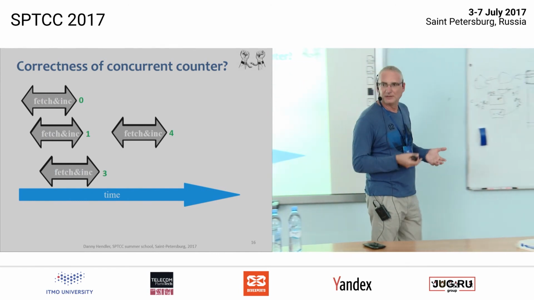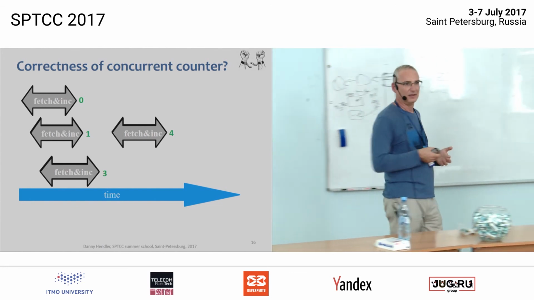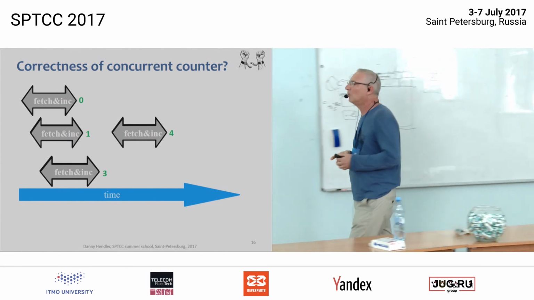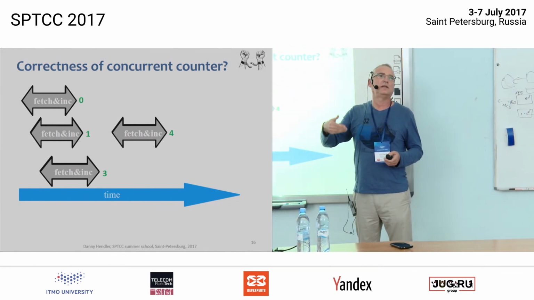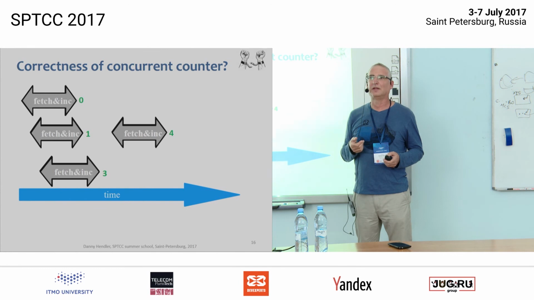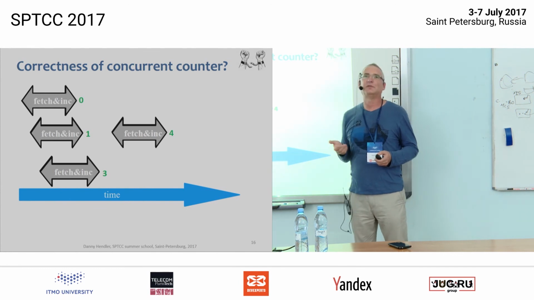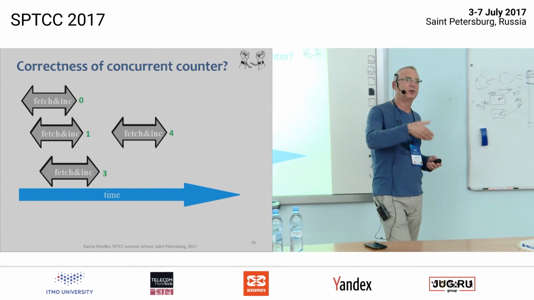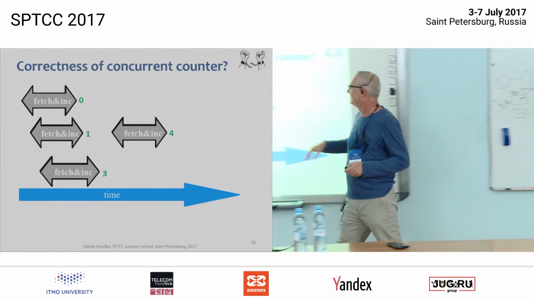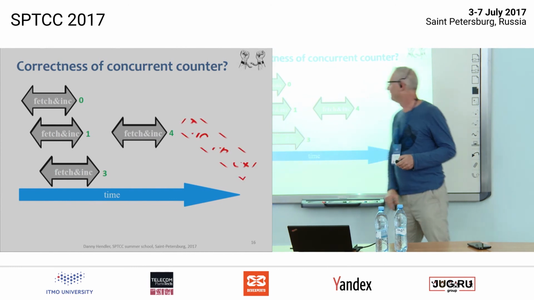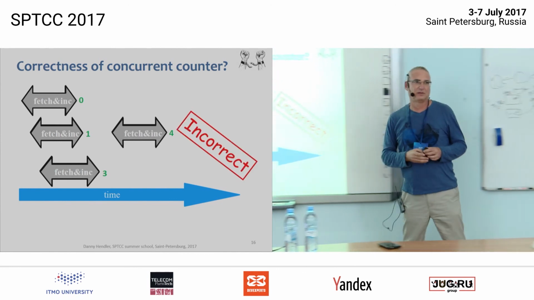So it should be clear that this execution is illegal, because after all these 4 operations terminate, we do not get a contiguous range of integer values. We would expect to receive 0, 1, 2, 3, etc. But there is a jump here between 1 and 3. So this is incorrect.